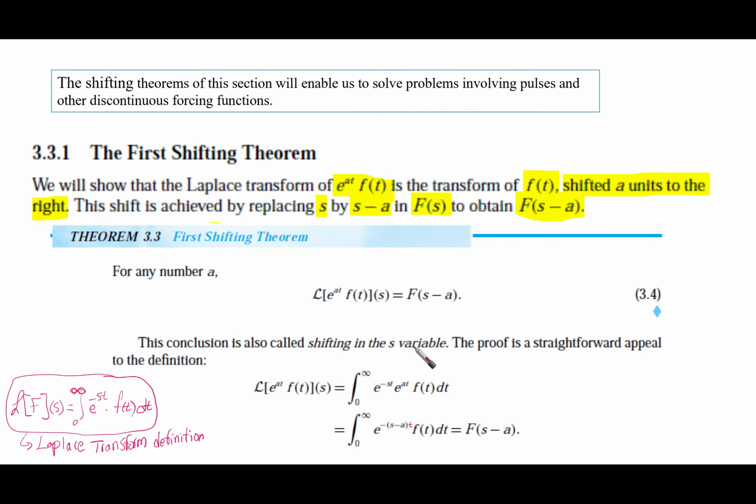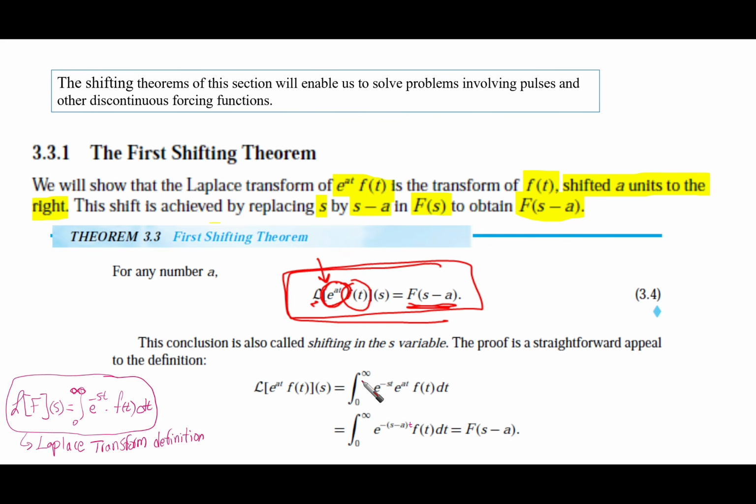Our main idea is we can make a shift in the independent variable by taking the Laplace transform of the function itself multiplied by e to the power at. That's it.